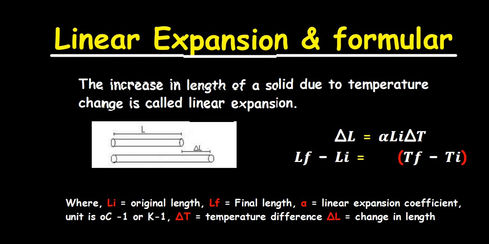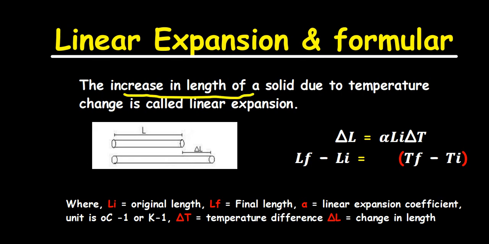Linear expansion is just the increase in length of a solid due to temperature changes. You can see an illustration here that I've written out. I have this rod that has the length L. After exposing the rod to heat, it expands like that.